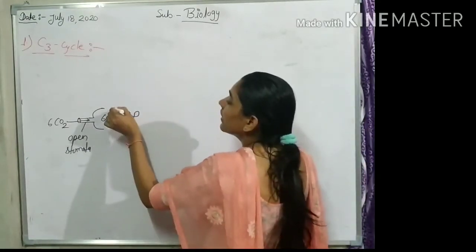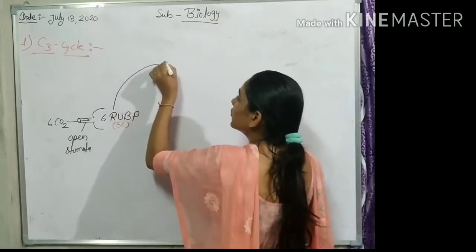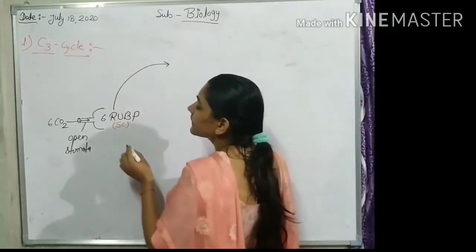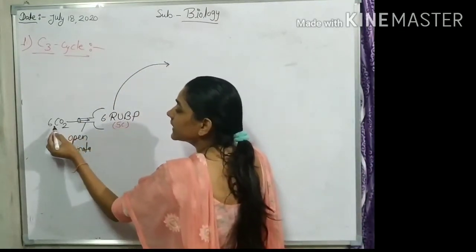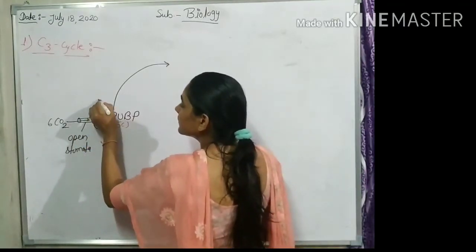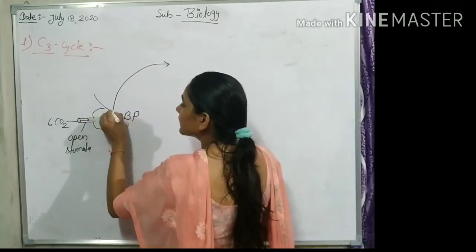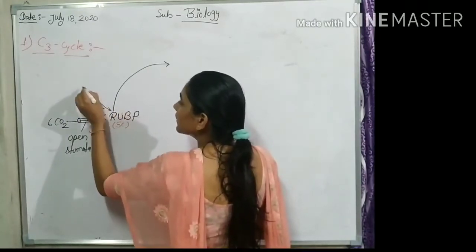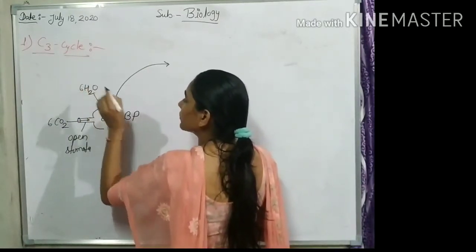Here RuBP reacts with 6 CO2 molecules and 6 water molecules.